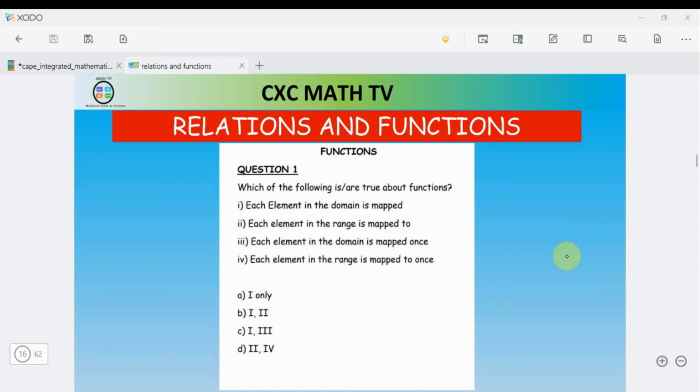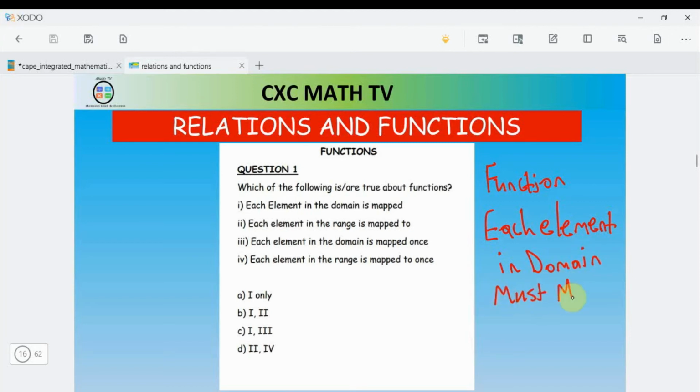Well, first thing we said was, what's a function? A function says each element in the domain must map. So this is a definition of function. Each element in the domain must map, and it must map to only one element in the range.